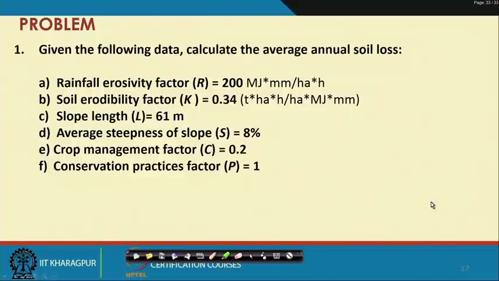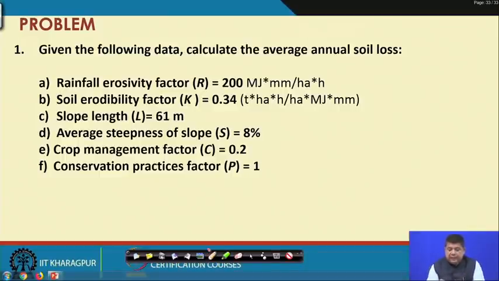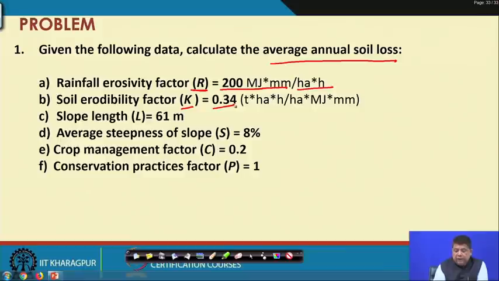Now, let us come to a problem. After seeing the universal soil loss equation, let us try to solve a problem, which says: given the following data, calculate the average annual soil loss. The rainfall erosivity factor R is given as 200 megajoules mm per hectare hour. Soil erodibility factor K is given as 0.35 tons hectare hour per hectare megajoules millimeter.